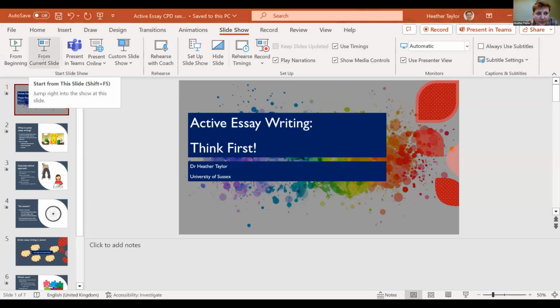So essentially, in response to this, we developed the active essay writing program, and the basic premise of it, which I'm going to share with you today in a little activity, is to encourage students to think first and then read second.